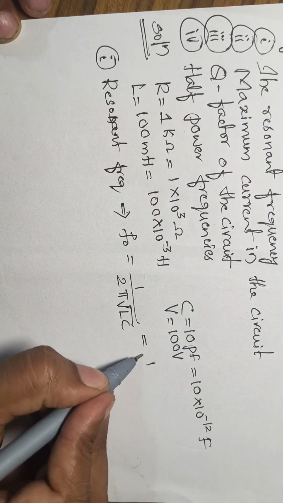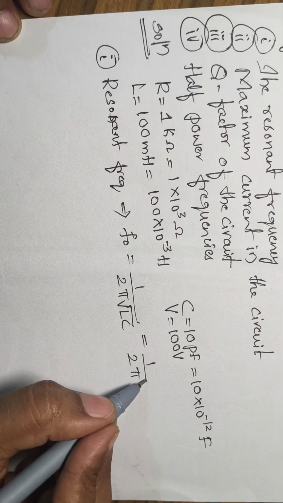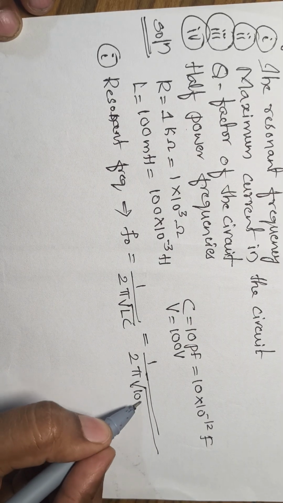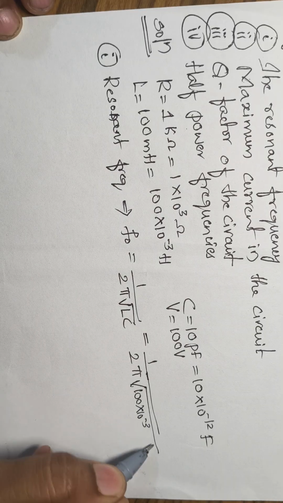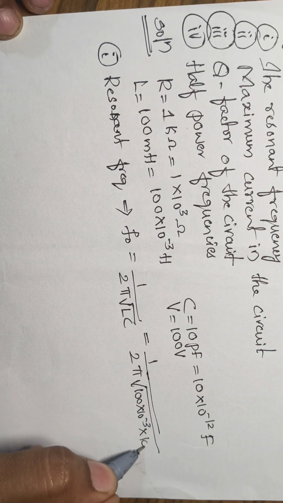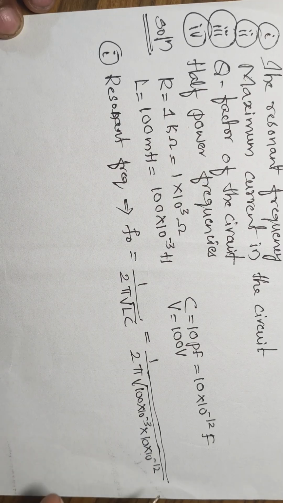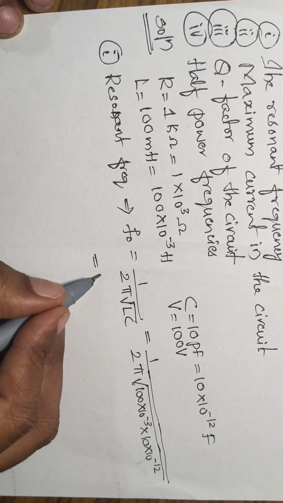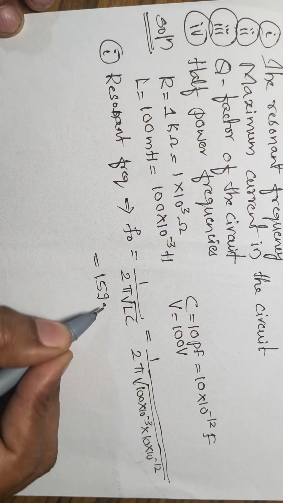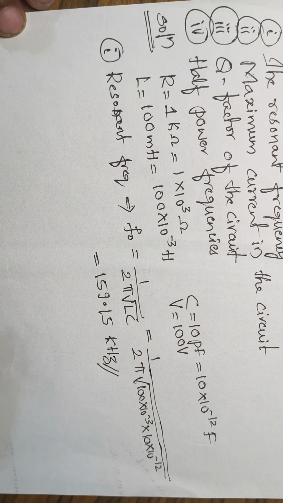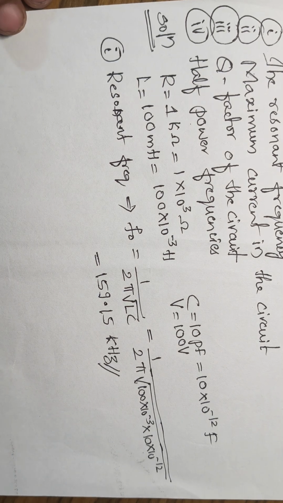So you can write it as 1 divided by 2 pi square root of L, which is 100 into 10 raised to minus 3, and C is 10 into 10 raised to minus 12, under the square root. When you solve this, you get 159.15 kilohertz. This is the value for f naught.